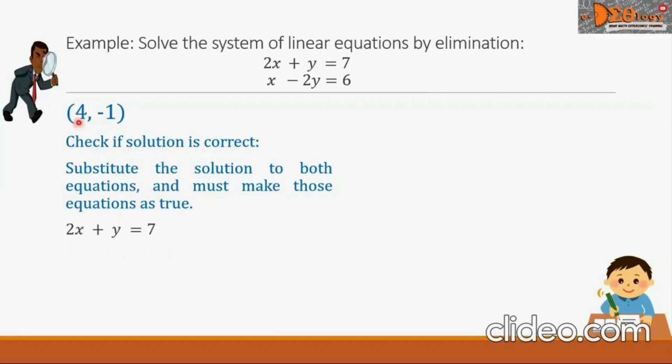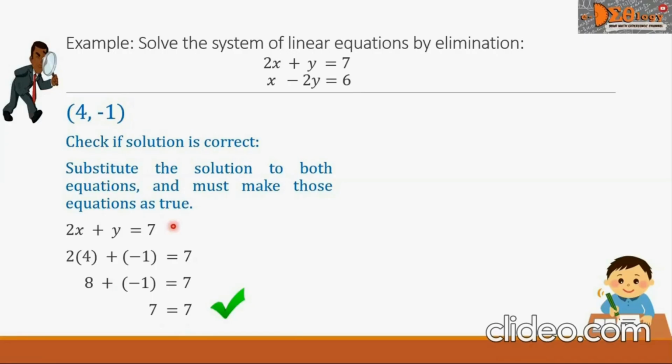Let us substitute the 4 into the x and the negative 1 to y. So we have now 2 times 4 plus negative 1 must be equal to 7. 2 times 4 is 8 plus the negative 1 equals 7. 8 plus negative 1 is 7 and equal to the right side, which is 7 also. So the 4, negative 1 makes the first equation true.